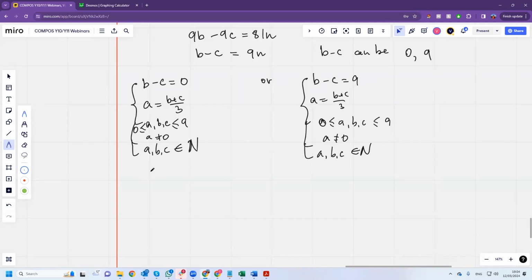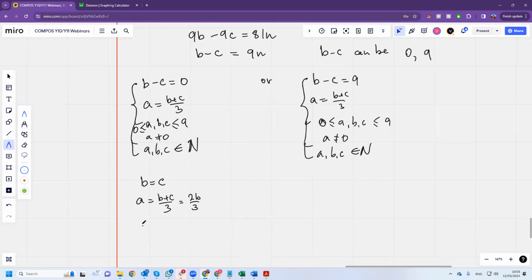Well, let's see what we can do. From here, we can write that B is equal to C, and A is equal to B plus C over 3, which is 2B over 3.